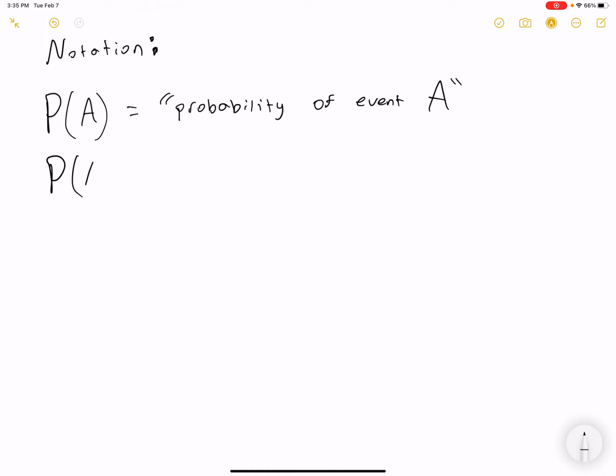We also have conditional probabilities, which are written like so.